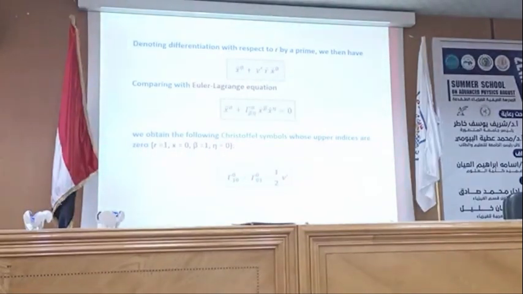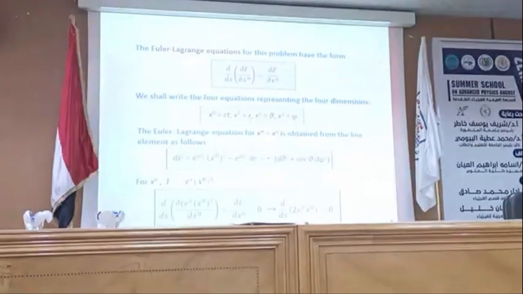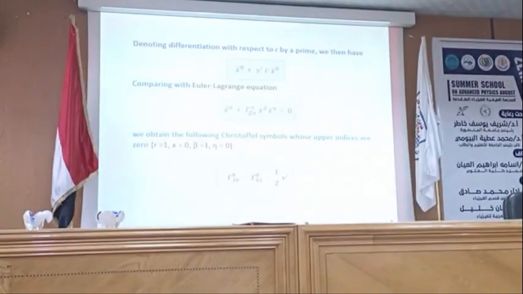This 1/2 comes from the fact that I have 2 terms which are identical, satisfying this equation. So in fact, by considering the first dimension, which is this one, I was able to identify 2 of the Christoffel symbols.